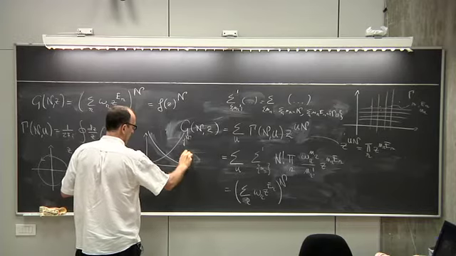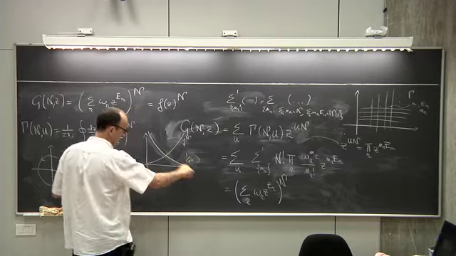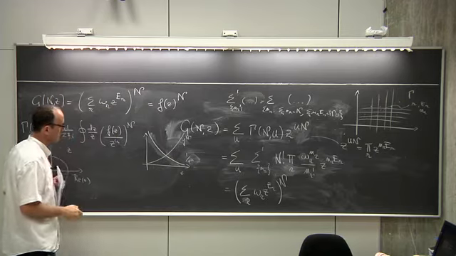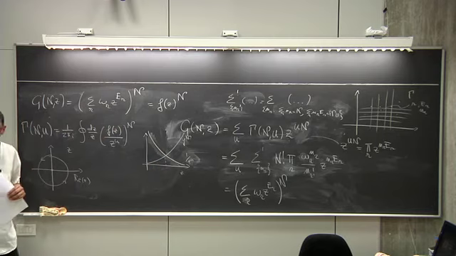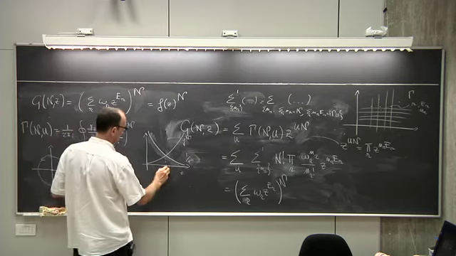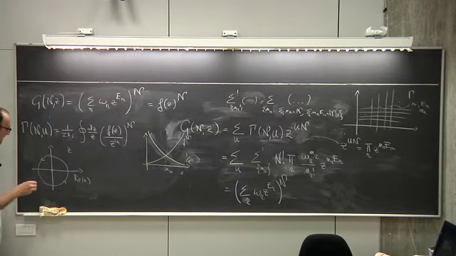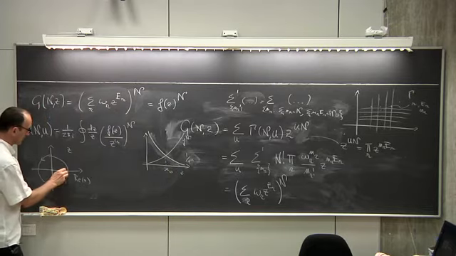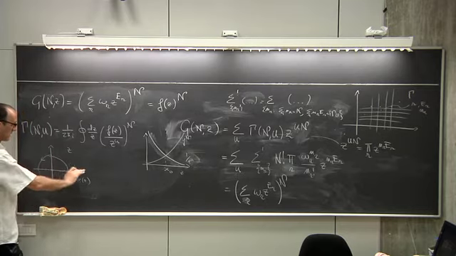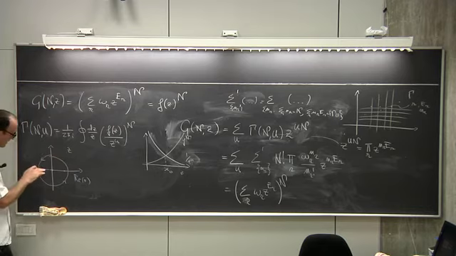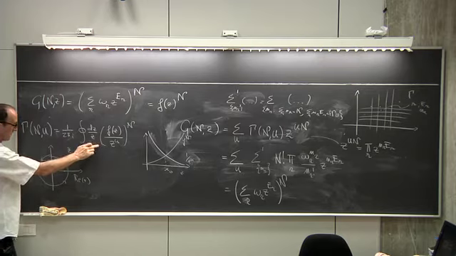The function 1 over z to the u will decrease very, very fast. And there will be a minimum. Okay, there will be a minimum somewhere on the real axis. So let's call it x naught. So there will be a point x naught on the real axis where there is a minimum along the real axis of this function.